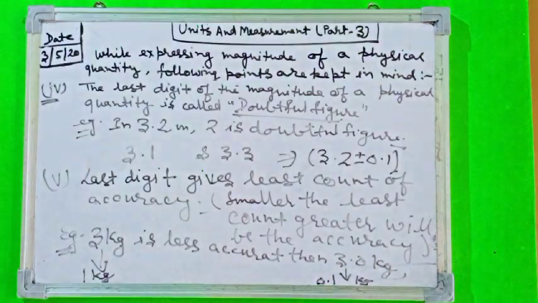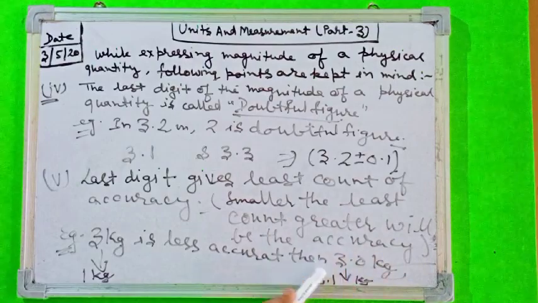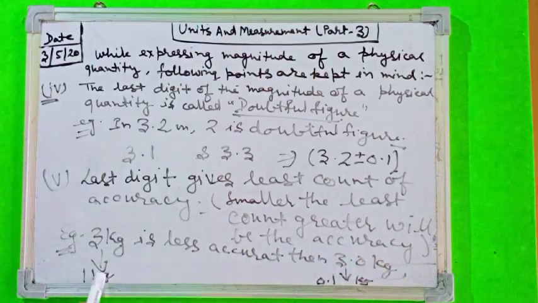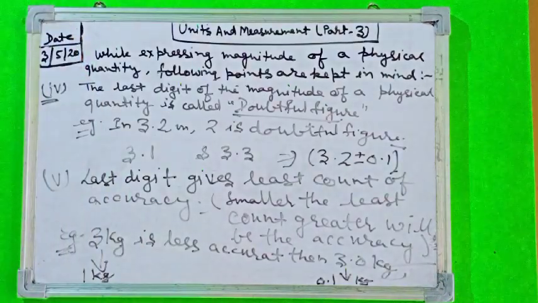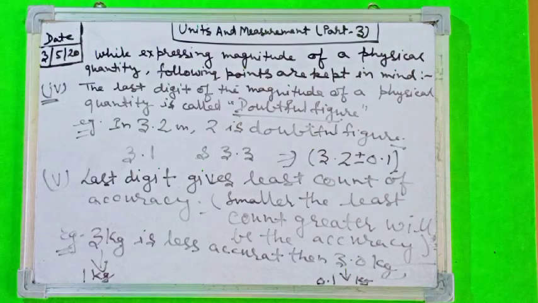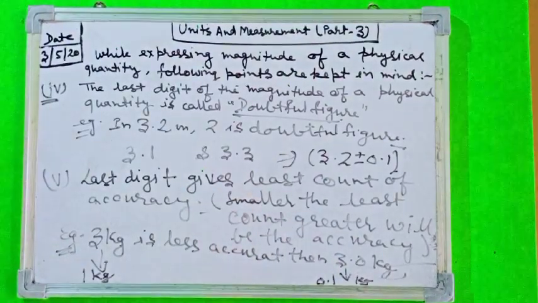The smaller the least count, the greater the accuracy. Here the least count is 0.1 kg, which is smaller than 1 kg, so it is a more accurate value. Similarly, if I write 3.234 kg, it is more accurate than 3.0 kg.